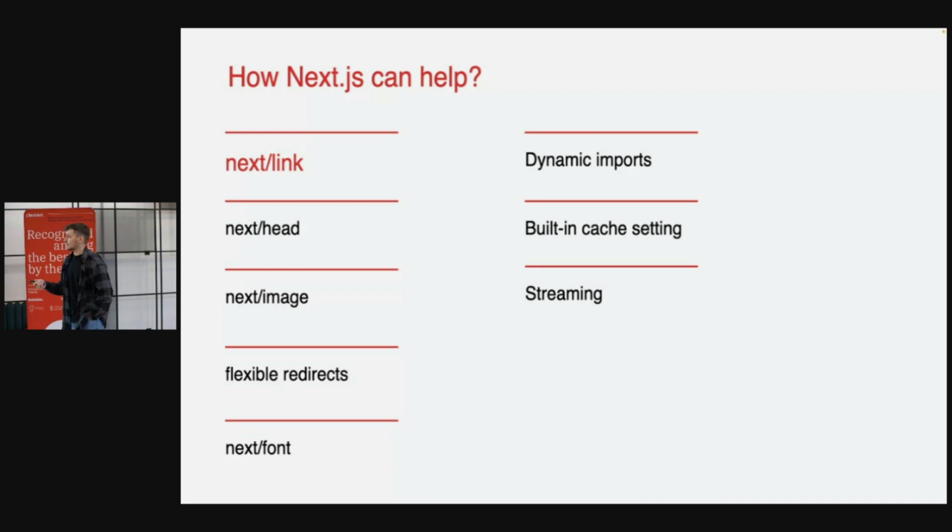So, next link is an item from the Next.js library that can help you organize work with links in your application. For better performance in terms of user flow, you can set some kind of preloading mechanism for links for a better user journey.